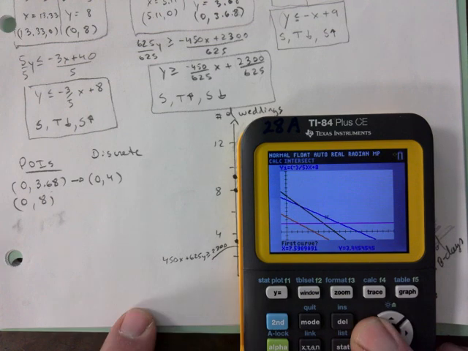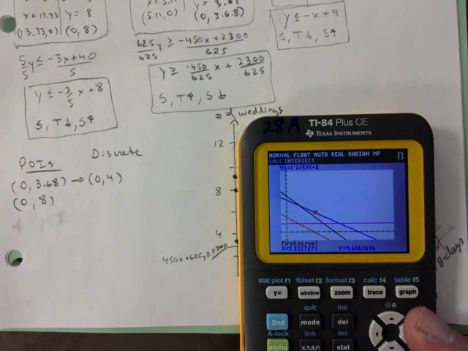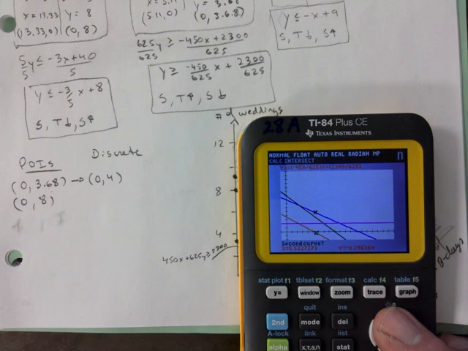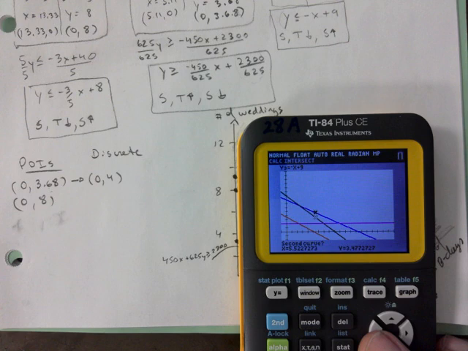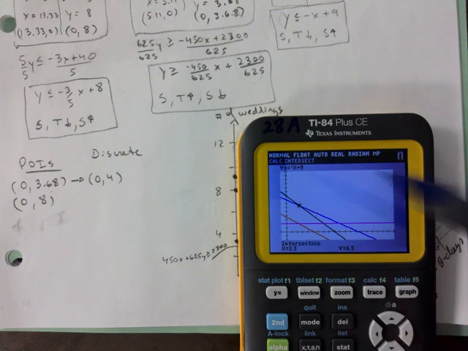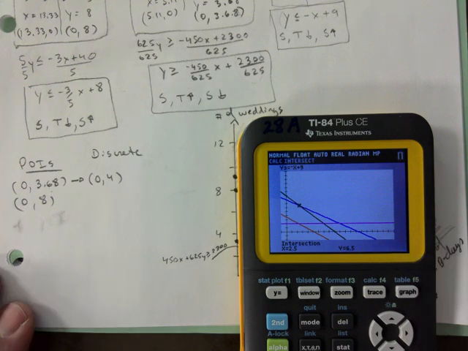For me, it's the blue line. It might be a different color for you, right? Because I change the color sometimes. So I hit enter on the blue line, but I want the next one to be on the black line. See, I keep going up and down arrow until I get to the 2 lines that I want to find the intersections for. So that one is 2.5, 6.5. Did you get that one?